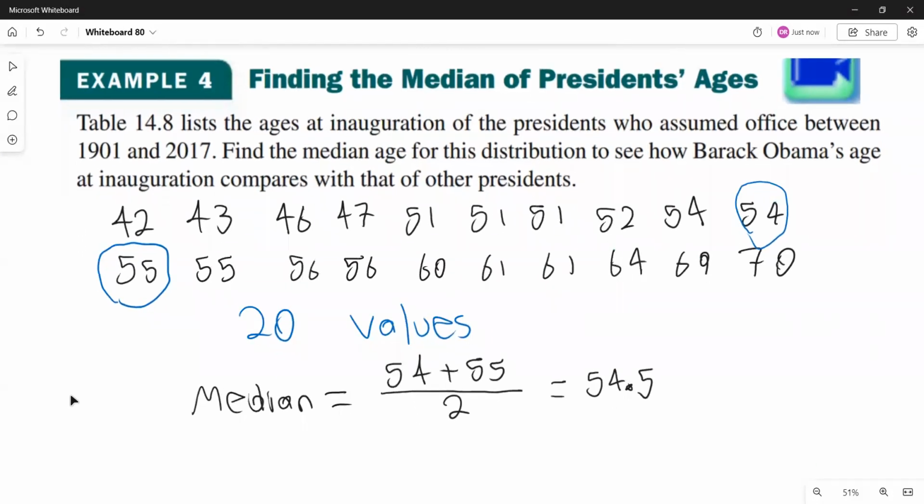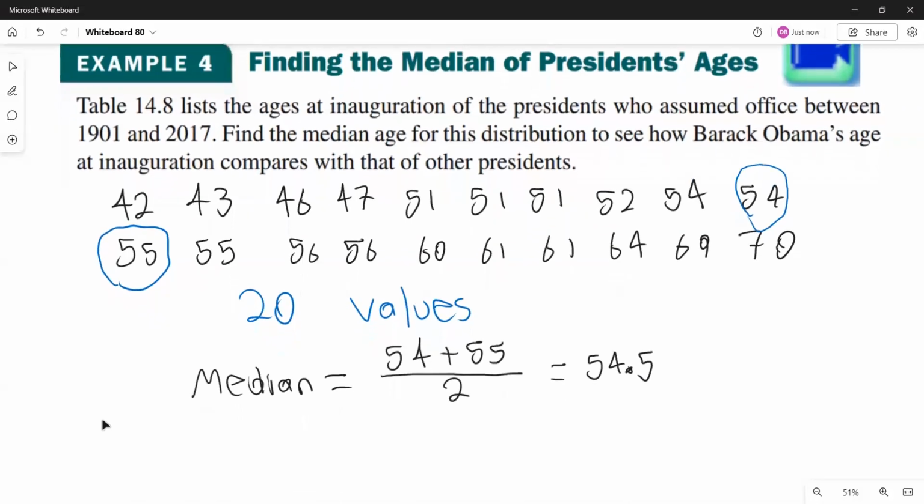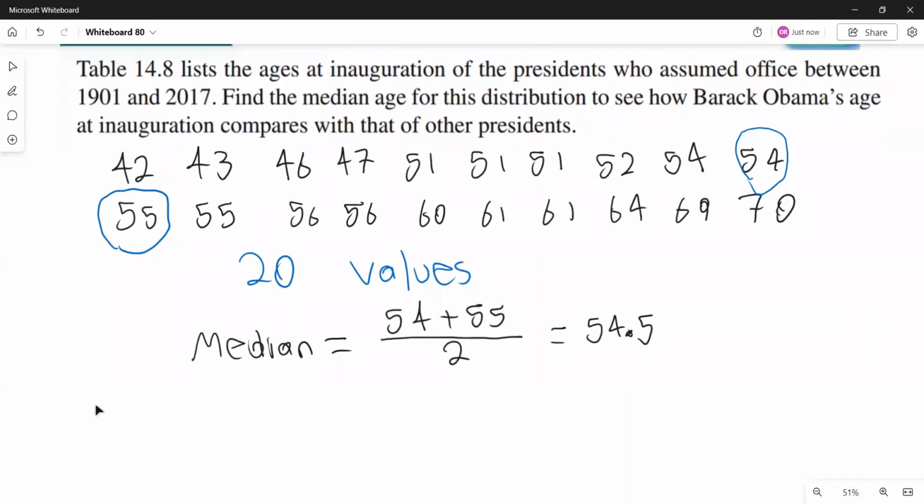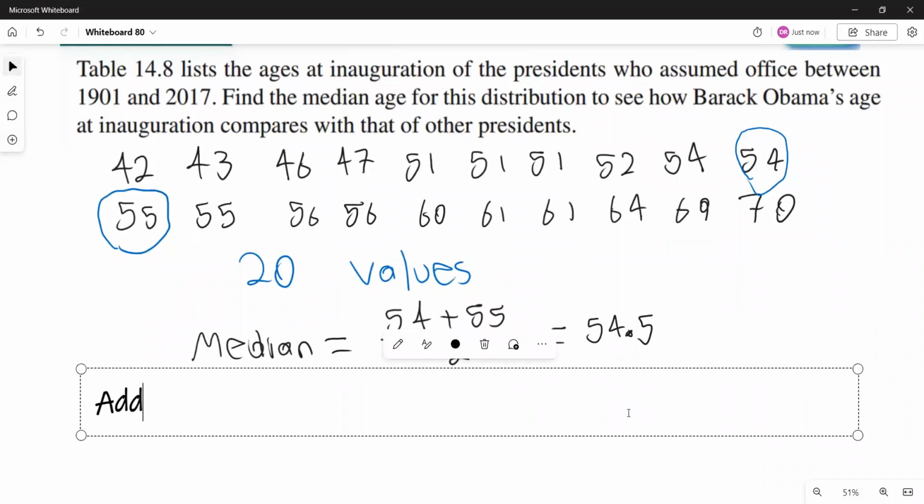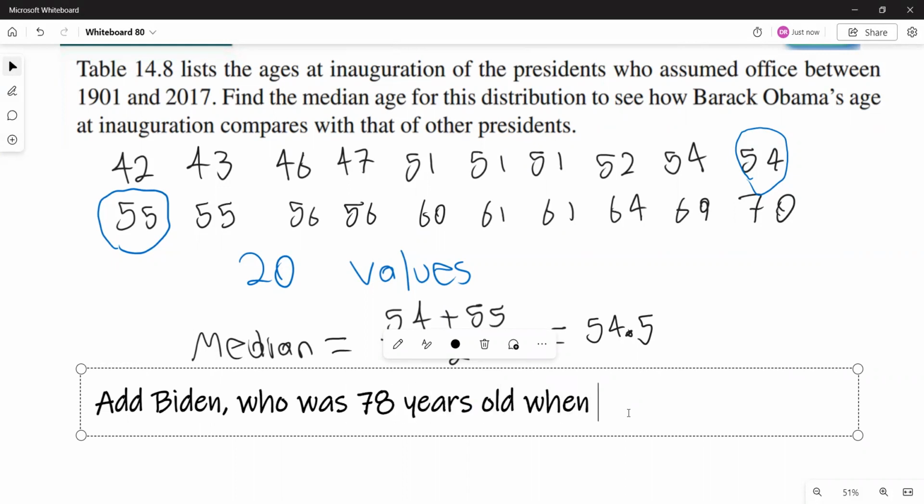If you have an odd number of data values, then the median would be the middle value. So let's suppose that we add Joe Biden. If we add Biden to this list, Biden, when he took over, was 78 years old.